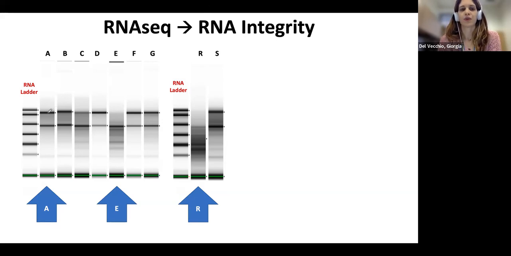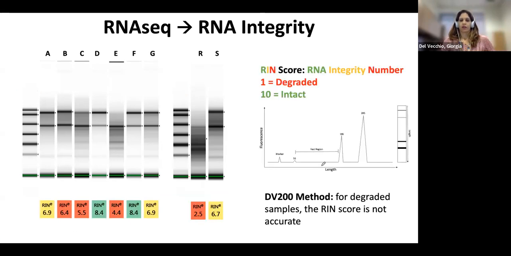So what you will be able to see in an agarose gel is the ribosomal RNA. Yes, so the top one is the 28S, and this one is the 18S, and sometimes you can also see the 5S here.